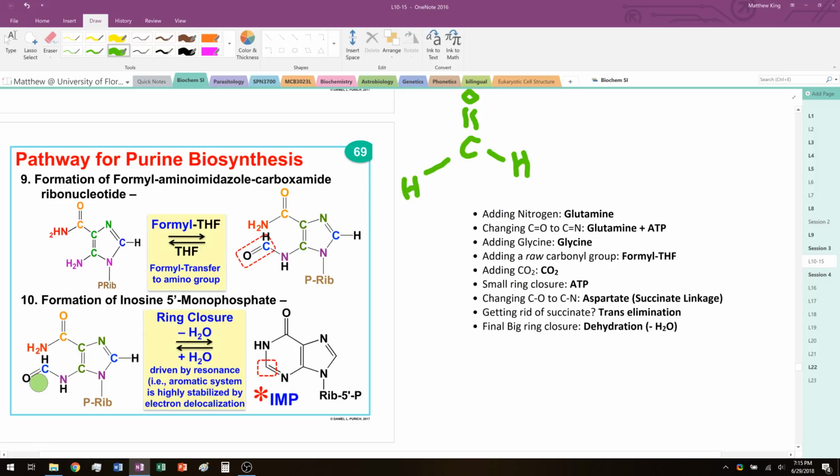So we don't need to add a water just to get rid of a water. We're only going to lose a water. So in this case, dealing with the carbon double bond to nitrogen is why we needed ATP. So there's no ATP. However, we also have to close this ring, and we're going to lose one molecule of water in the process because we're really only looking at the forward direction.